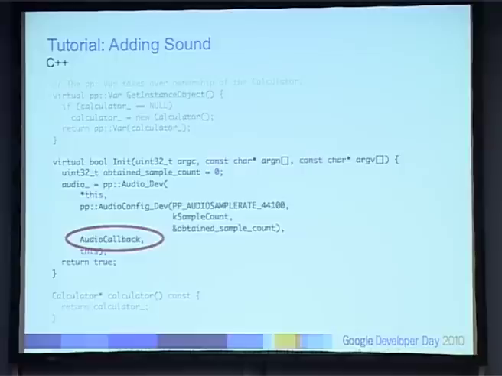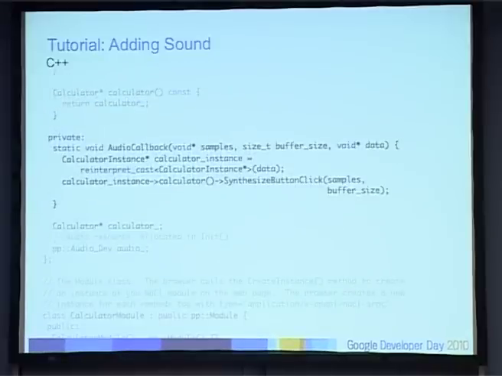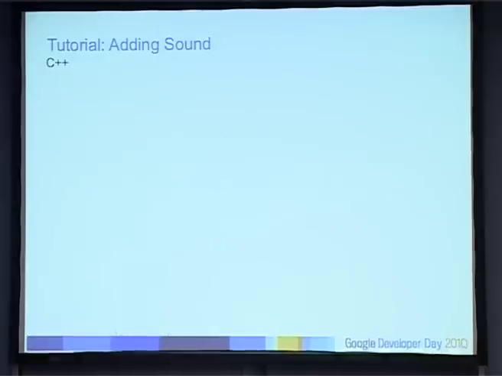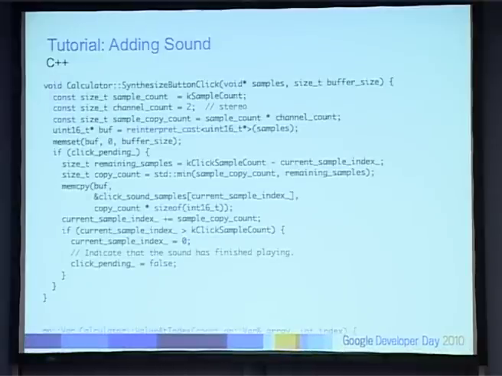So as the audio device runs in its thread, it's going to call this callback to actually play the audio. And I wrote a very simple callback, which is just a wrapper onto a method that's in my main object, this synthesized button click.